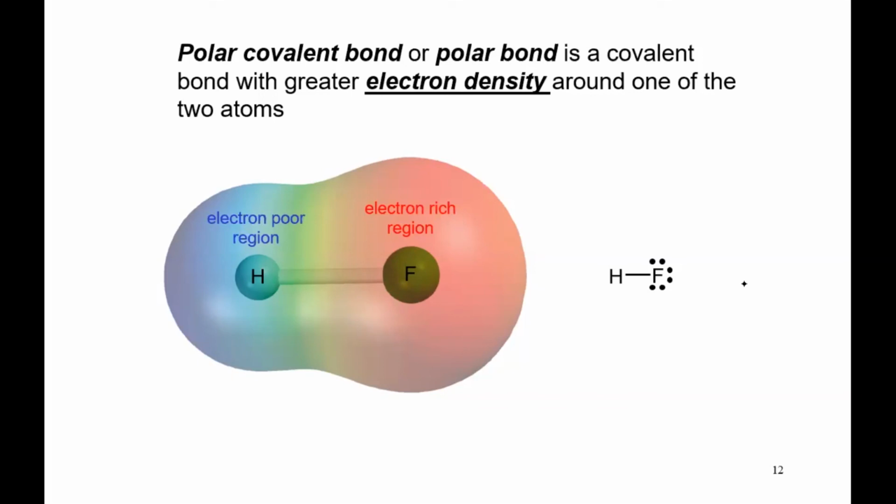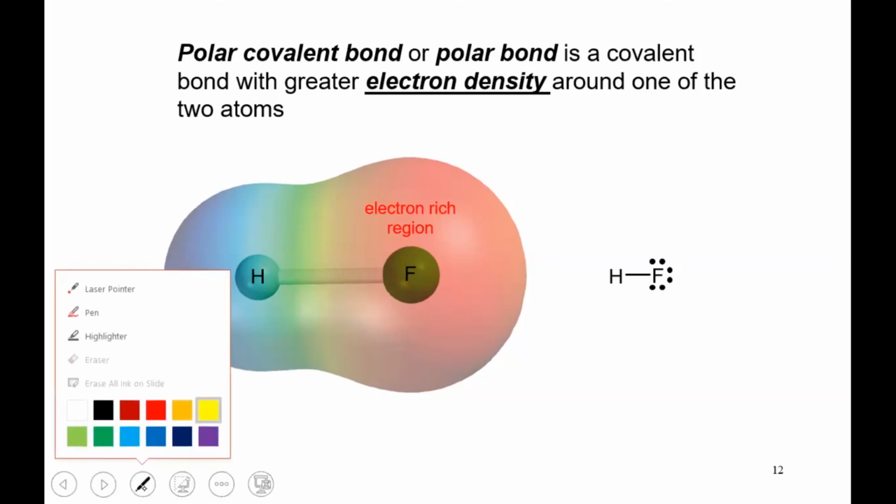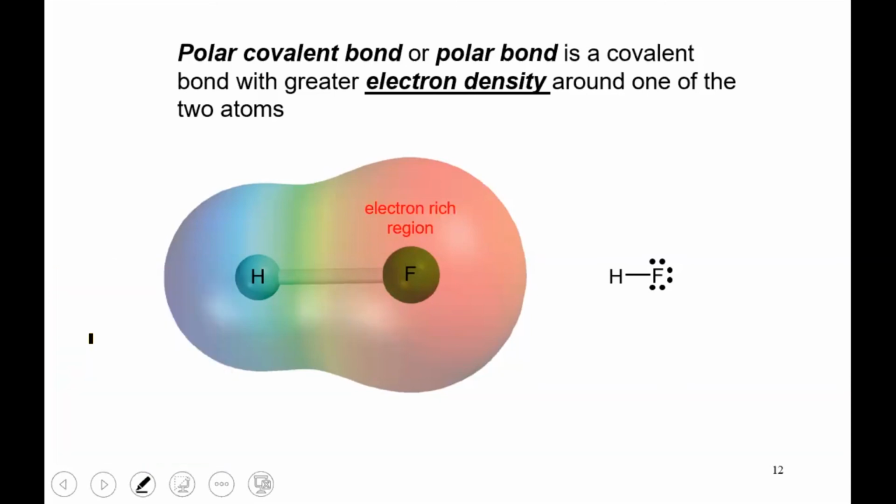In other words, it's almost like the electrons are displaced. The electrons seem to be displaced more towards the fluorine atom. In other words, they're not equally shared. They are not right in the middle between the two atoms. They're displaced somewhat towards the fluorine.